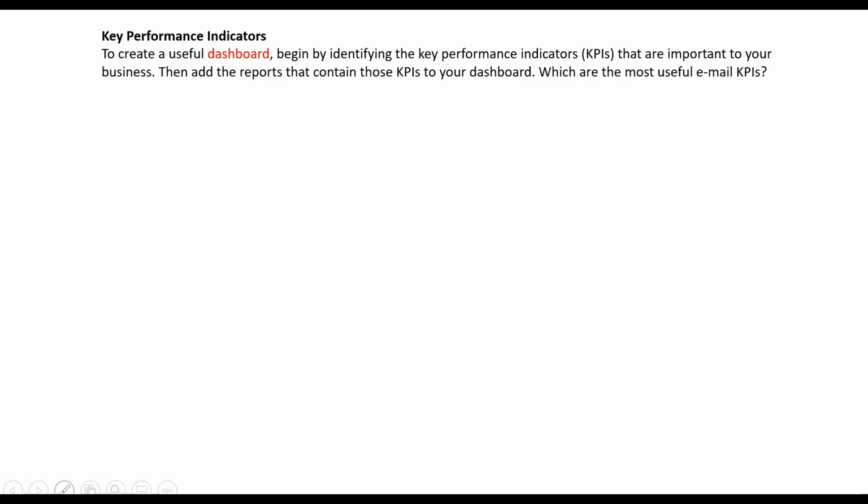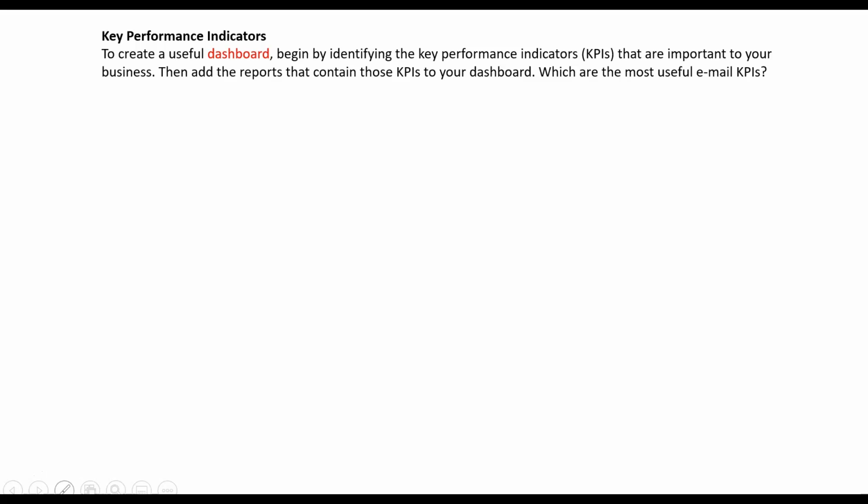Now, this is a little talk about dashboards, and you had some experience with dashboards with your work with Access, where you created dashboards. That was part of the assignment.